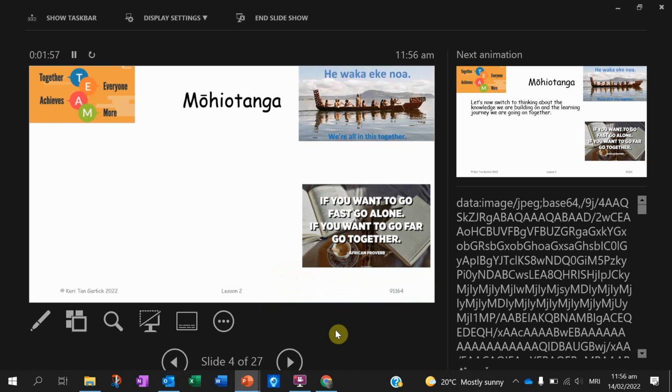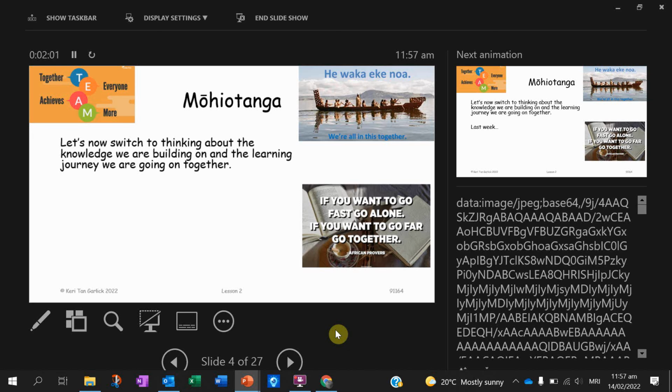So now that we have a chance to chit chat, we need to switch gears and start thinking about our learning journey. So like I said, I like to give us a chance to connect with each other. We should connect before content. We are all on this learning journey together. The way I really like to think about this is that we're all on the walk together, and we all need to cooperate and work well, so that way the walk moves forward and we get to our destination.